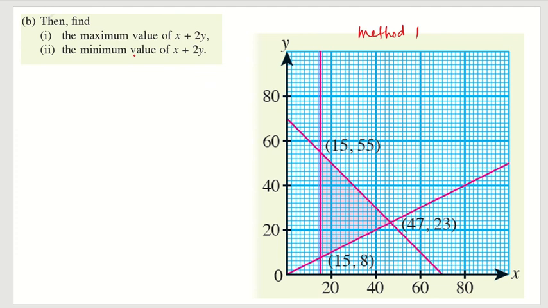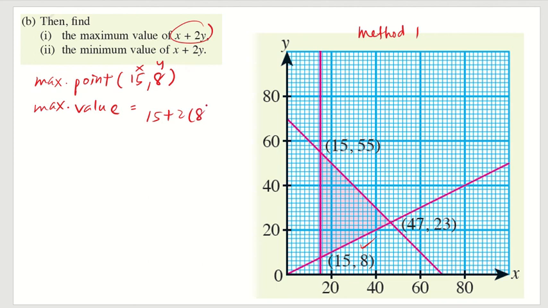So we have done it already. So the maximum value for x plus 2y is located at this point. Okay, so what you need to do is state what the maximum point is first. Maximum point is at this point. So your maximum value is equal to, substitute, x, this is x, this is y, plus 2 multiplied by it.